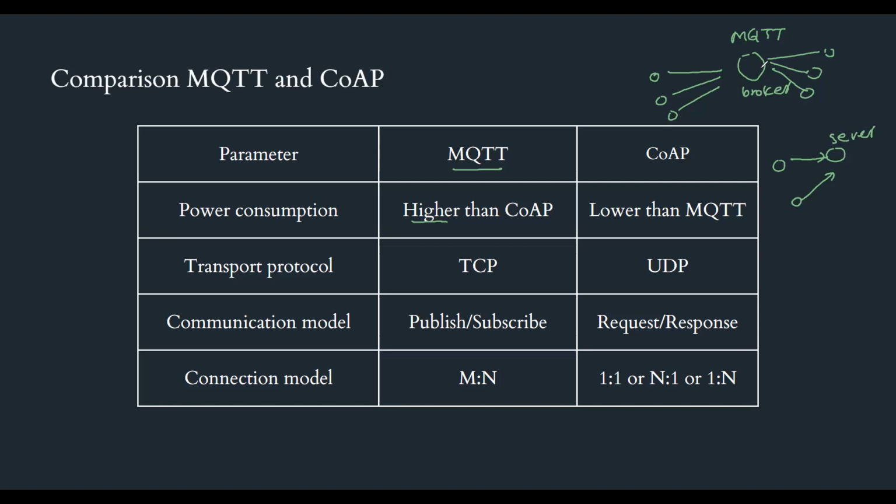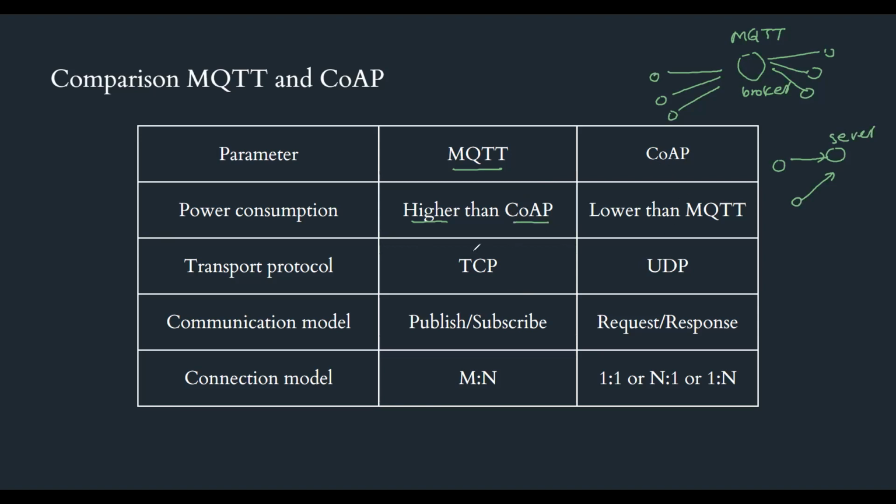In here, the MQTT broker is acting as an intermediate server, where it computes where the data should go and where the data should be published and so on. So therefore, the energy consumption is higher in MQTT than CoAP.